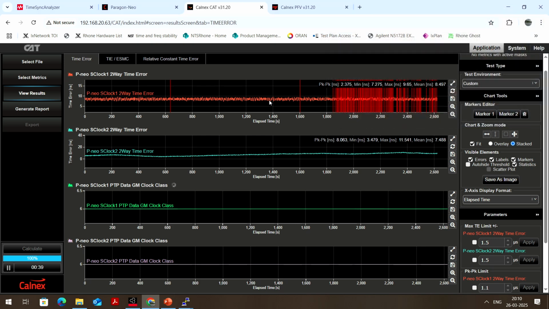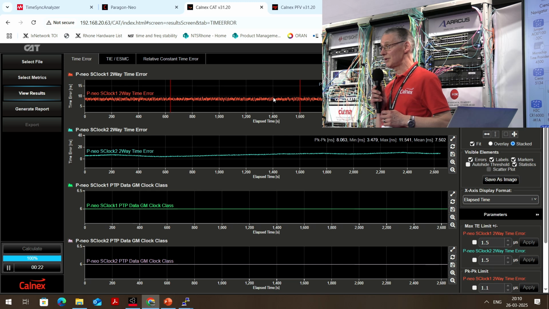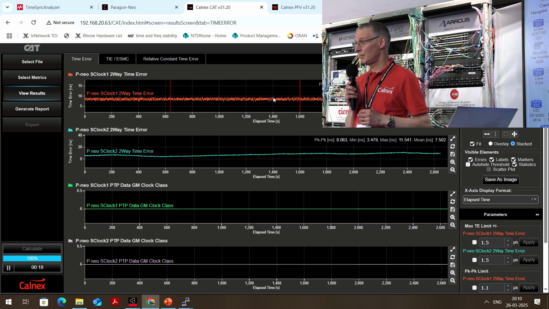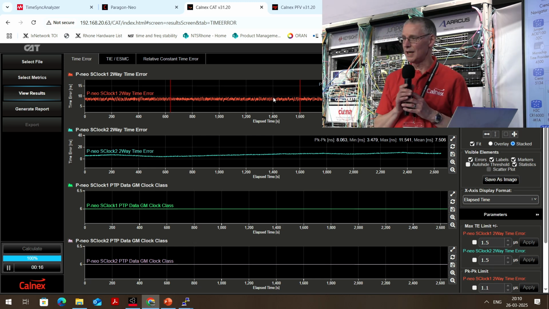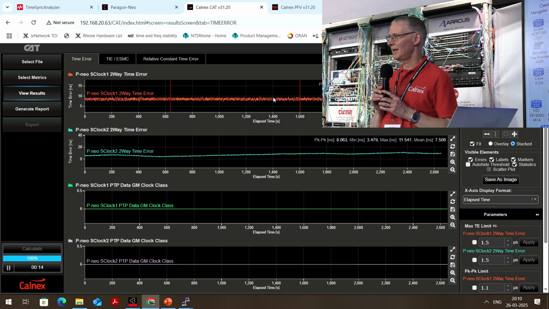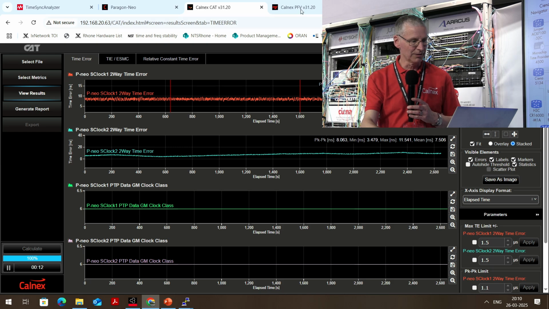These red lines at the top show that some packets are missing somewhere in the network, and I'm not going to go into much detail on those. Now, these 2 routers are running over a G.8275.2 connection with interworking from G.8275.1. So it's pretty good timing, including that interworking function.